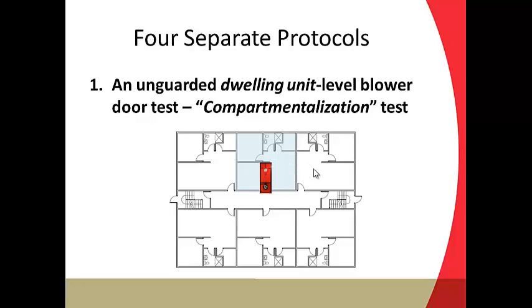So we're showing doors open to the adjacent spaces and to the outside during that type of compartmentalization test. Again, this would be referred to as a compartmentalization test, or a total leakage test, or an unguarded test.